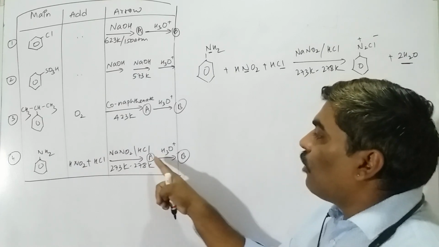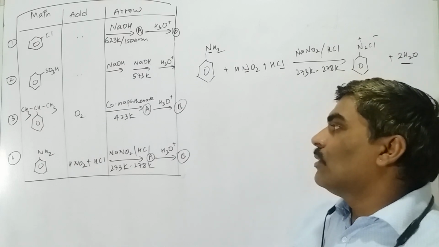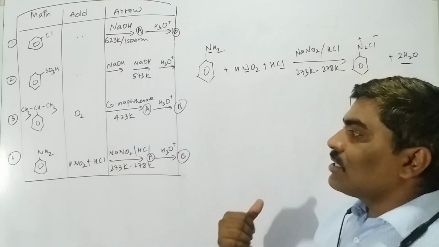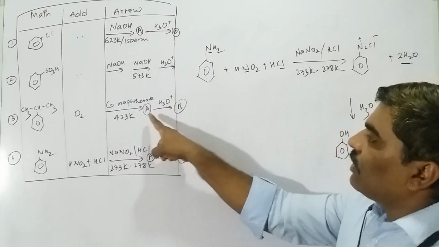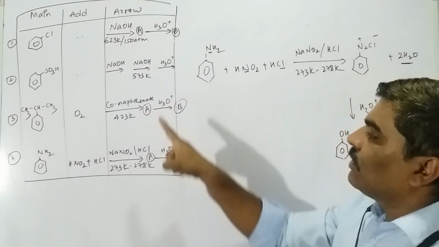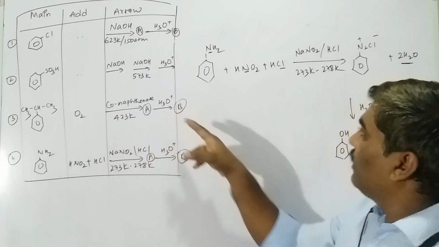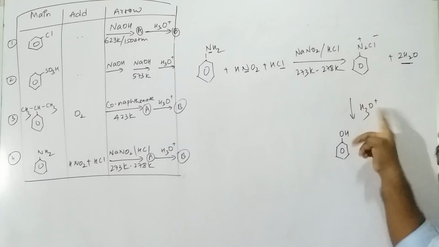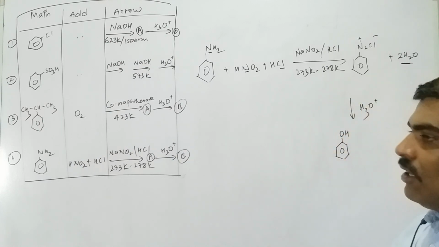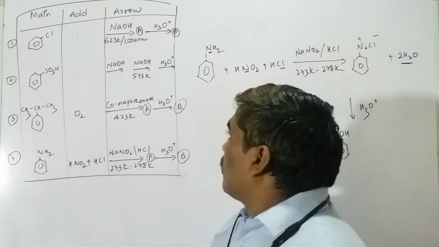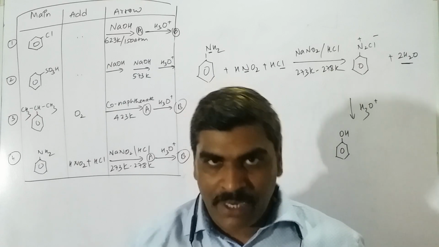And what forms here is benzene diazonium chloride. In these two, directly after cumene hydroperoxide and benzene diazonium chloride, I did this arrow part, wrote H3O plus and directly phenol. So now we are completed with the preparation of phenol.